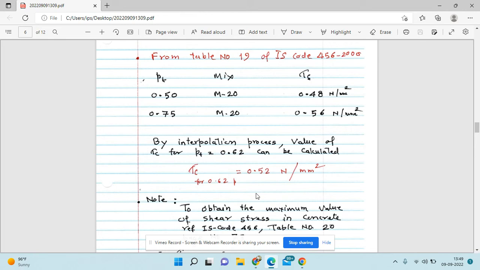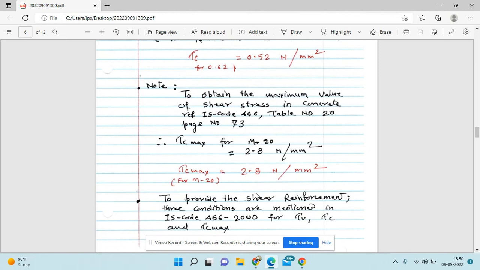But we are interested in the value at pt of 0.62. So interpolating, tau c comes out to be 0.52 Newton per mm square.